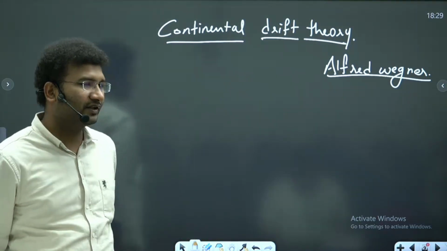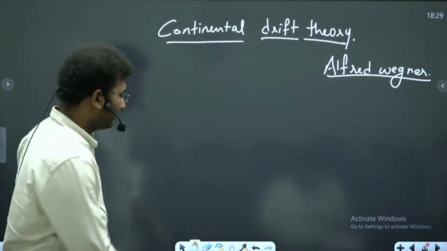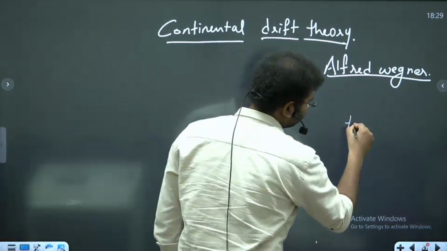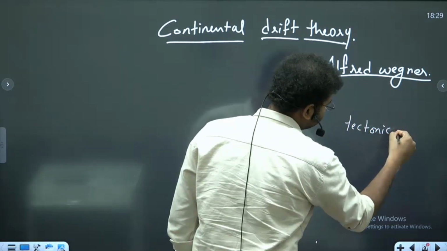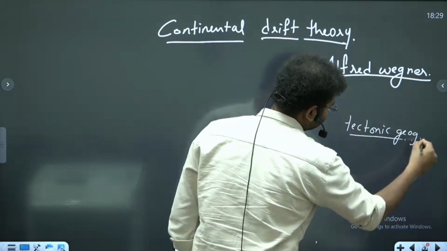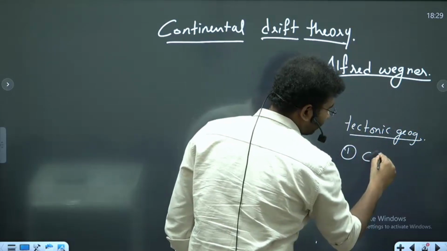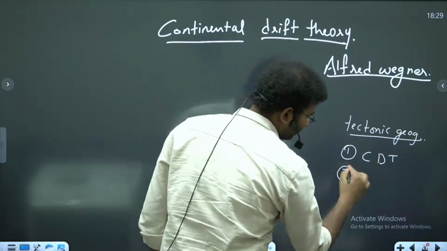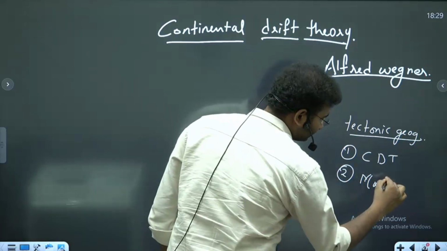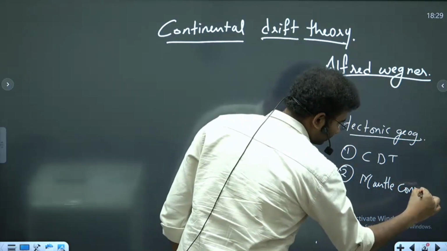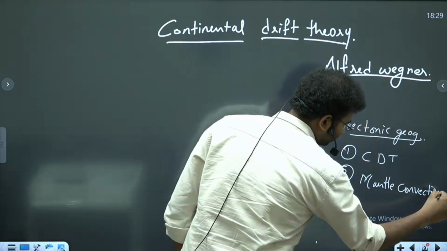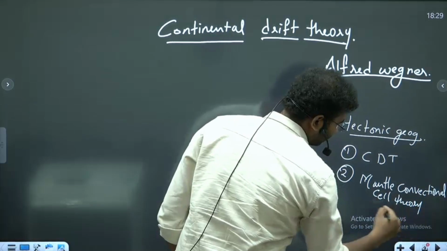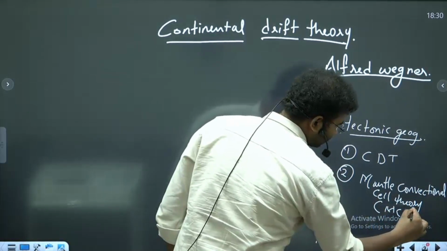In tectonic geography, there are 3 theories that you need to learn. Number 1, the continental drift theory. Second one, the mantle convectional cell theory.